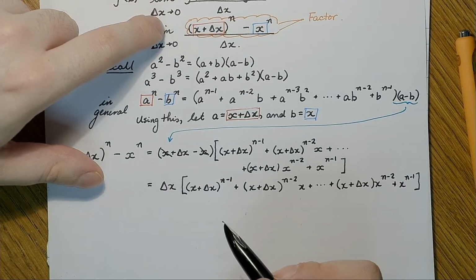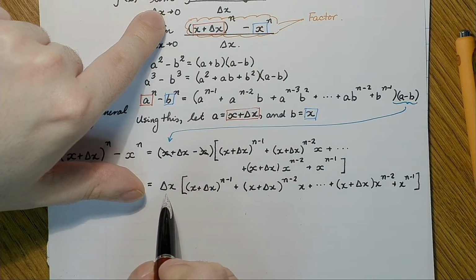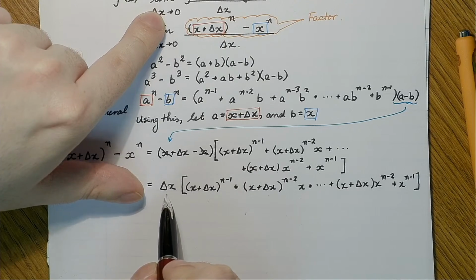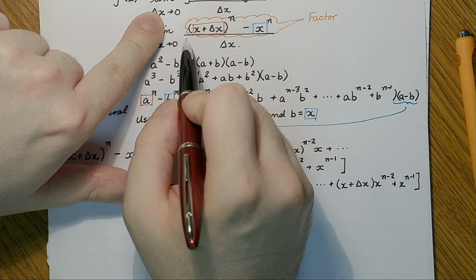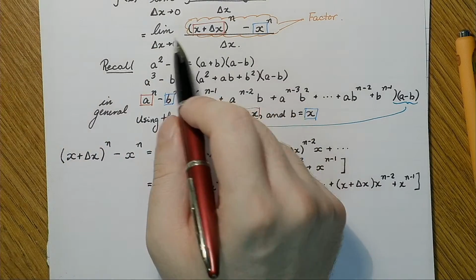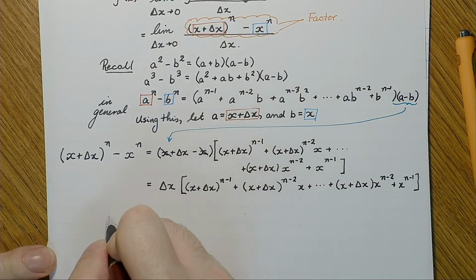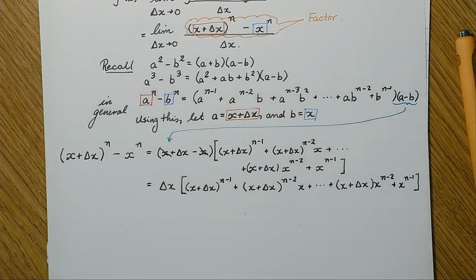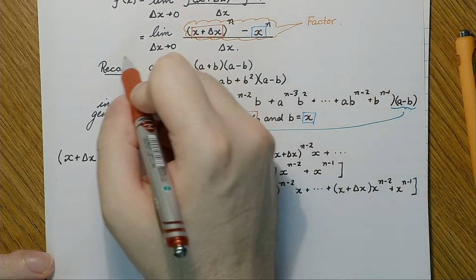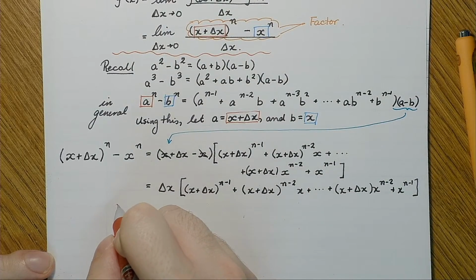What I've done is I've factored that out. But what's kind of nice now is that I have that delta x here. And that means that I should be able to cancel out that delta x and that delta x. And now I should be able to apply the limit from there, right? So that's kind of the interlude.